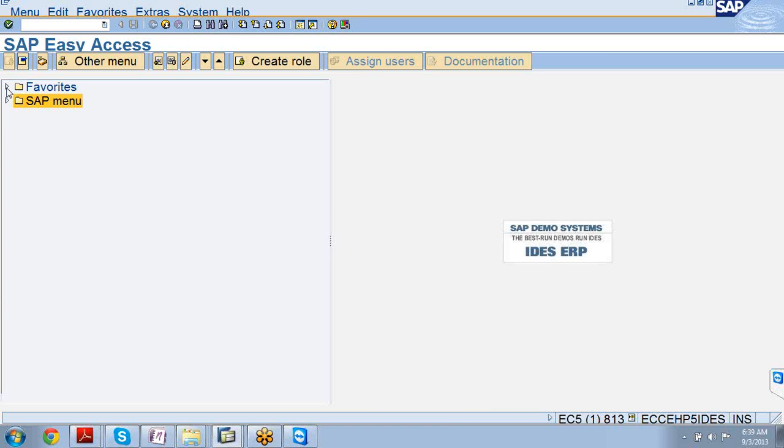Next paragraph. Transactions will create authenticated documents in SAP SD. Example: number 1, sales order document.